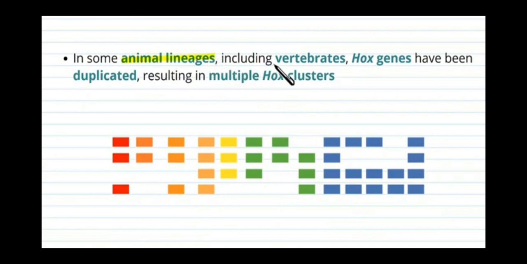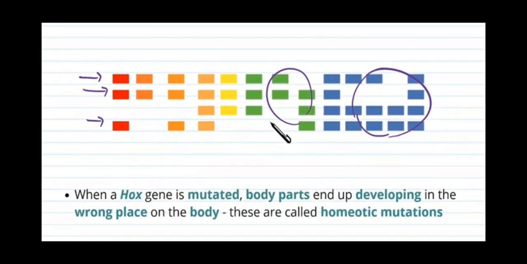So the gaps that are seen are those places from where the Hox gene has been deleted in the organism. Here on this screen, 4 chromosomes are shown, on which the Hox genes are arranged linearly.